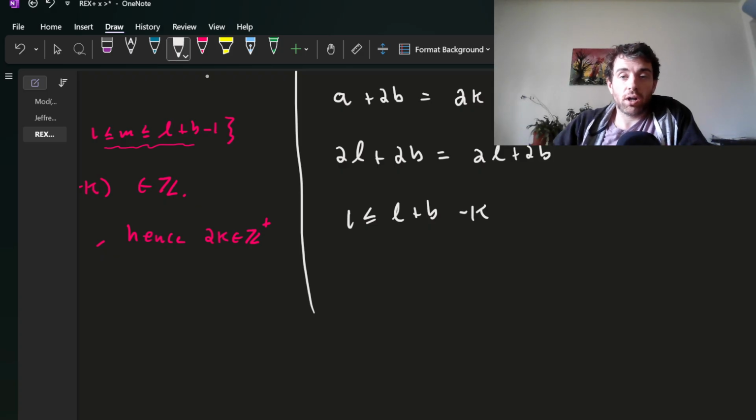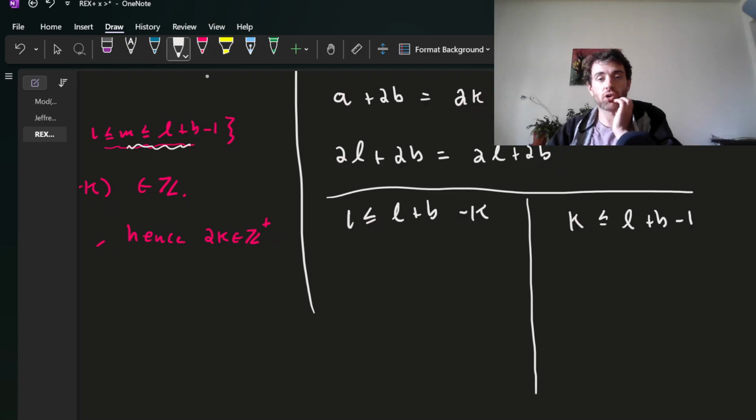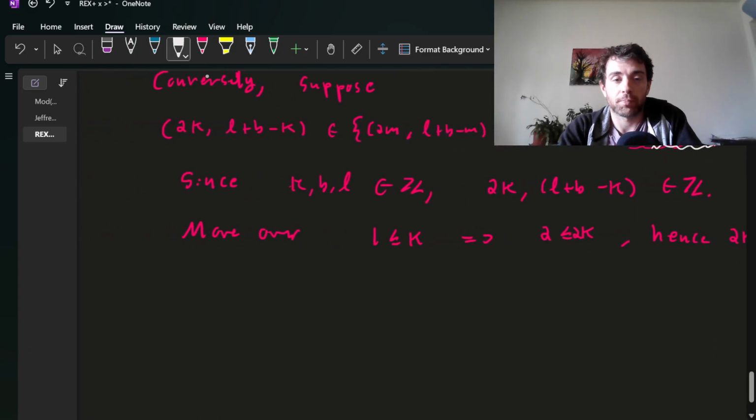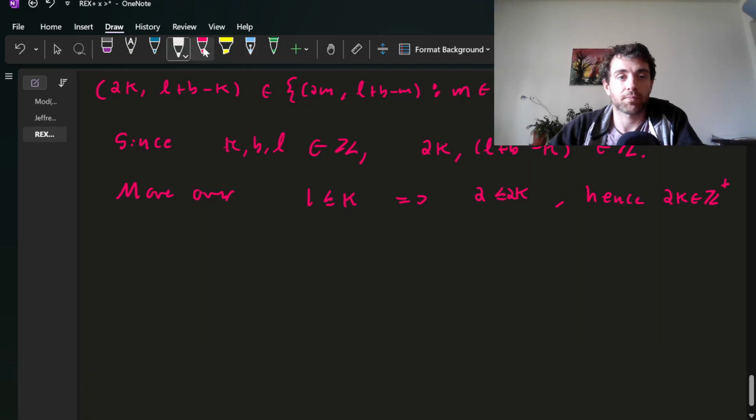And I want to work, again, from my assumption that k is less than or equal to L plus B minus 1, right? So it's not too hard to see, to rearrange this inequality, I just move the 1 over and I move the k over, right?